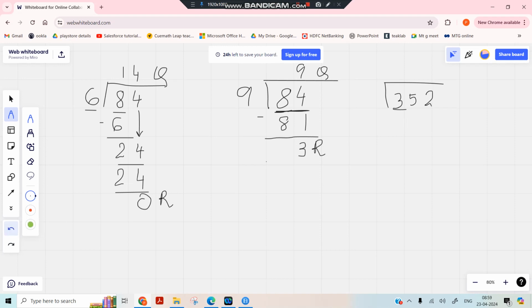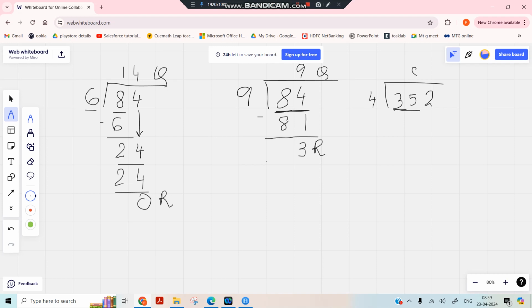But if our divisor is say 4, 5, 6, any number which is more than 3, let's try to do the division with 4. So since the first digit 3 is less than the divisor, we'll take the first two digits. So we'll check where does 35 come in the table of 4.